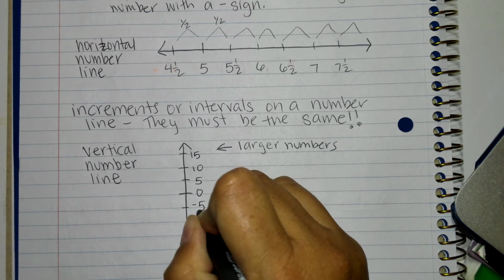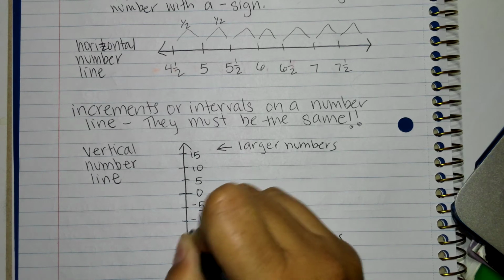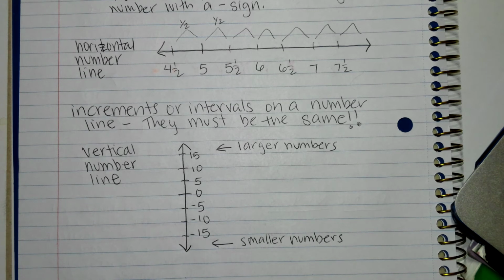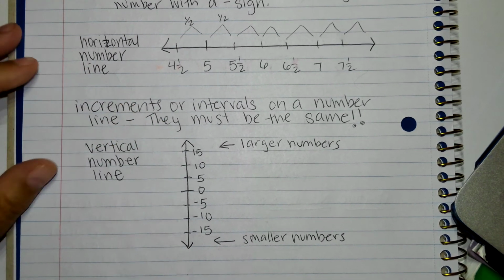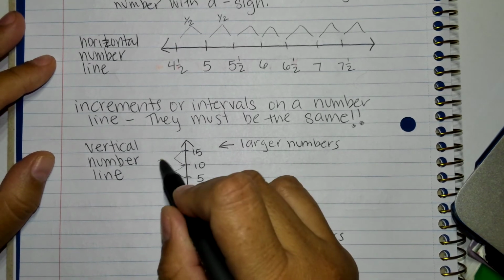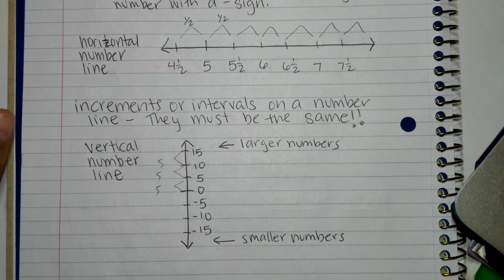So this will be -5, -10, and -15. The space between is all by 5. They have to be the same.